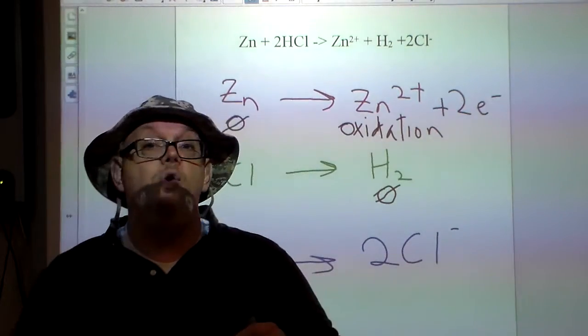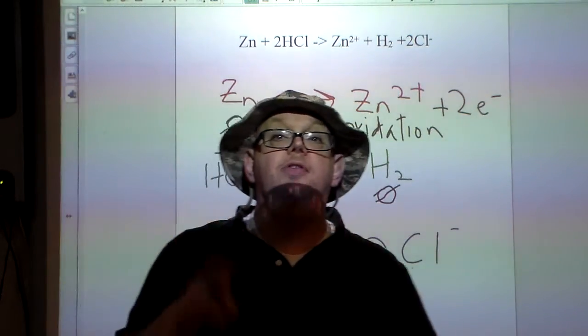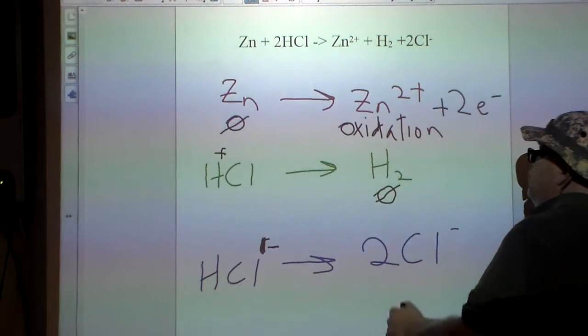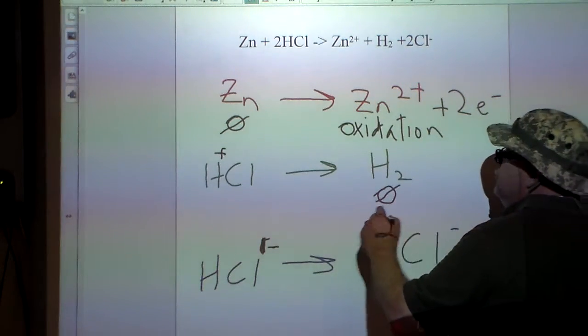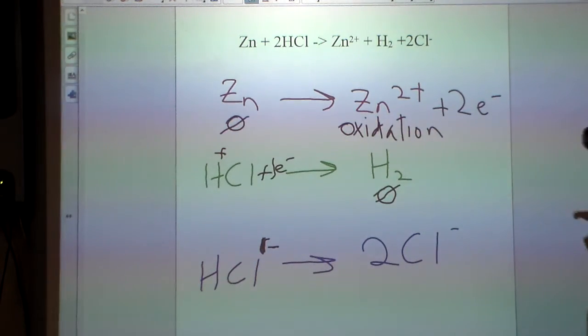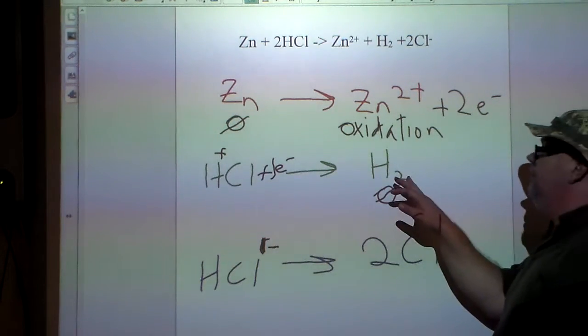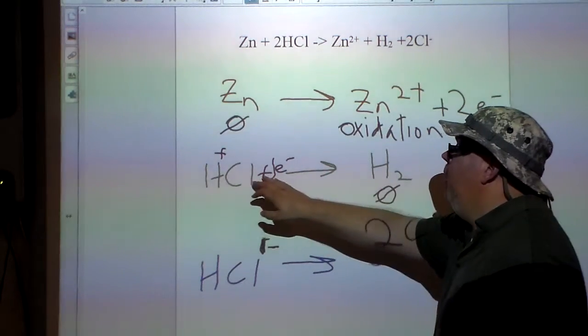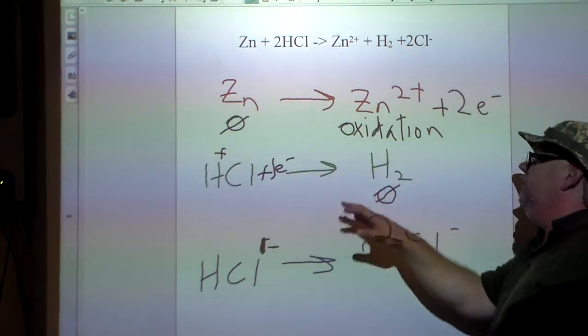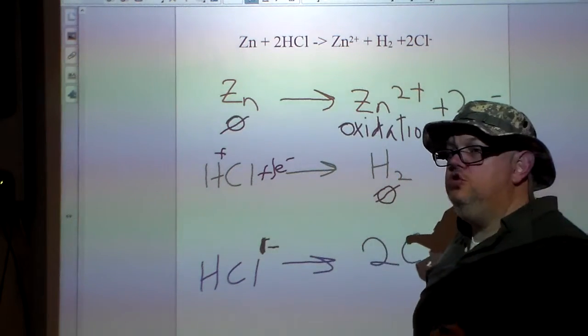So therefore, the charge on the 2 hydrogen atoms together is 0. Each hydrogen atom has 0. That means we would need to add 1 electron to here because that's what happened. Now I understand there's 2 hydrogens here, but we got 1 here. It would be 2 HCl plus 2 electrons, but that's not what I'm interested in right now.